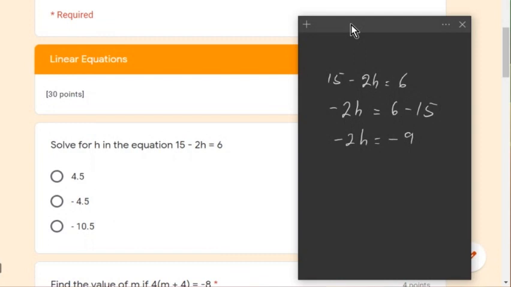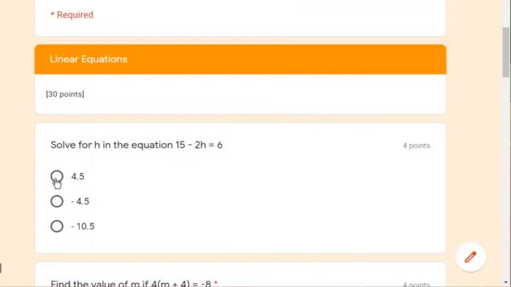And then I'll divide both sides by negative 2. So I have negative 2h over negative 2 is equal to negative 9 over negative 2. So the negatives will cancel, and I'll have 9 divided by 2, which is the same as 4.5. So my answer is 4.5.